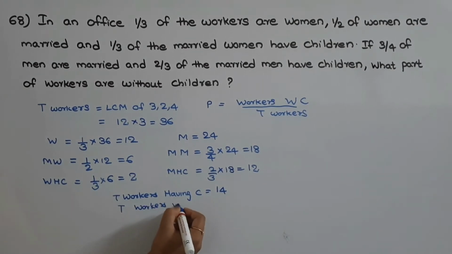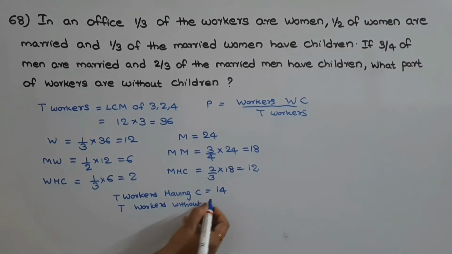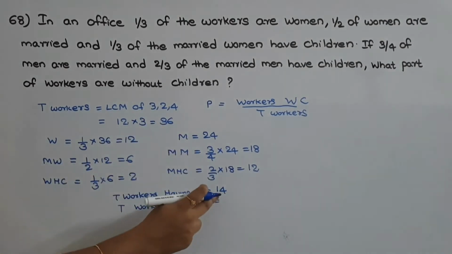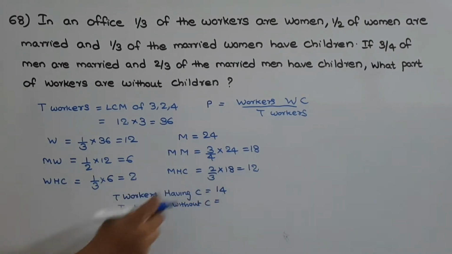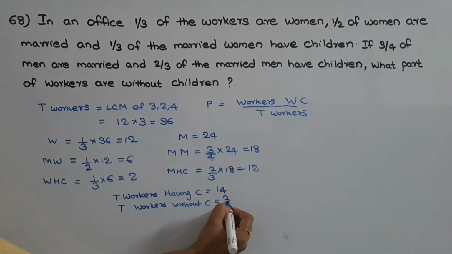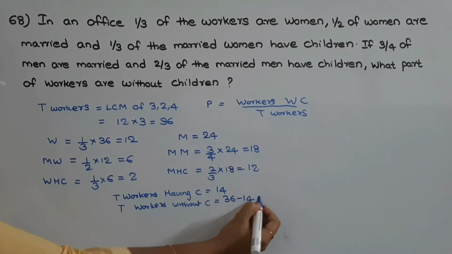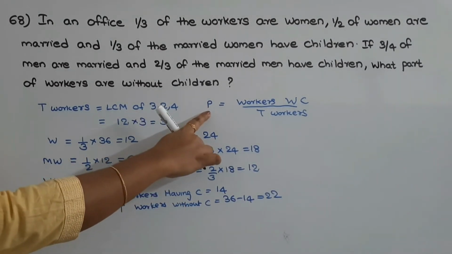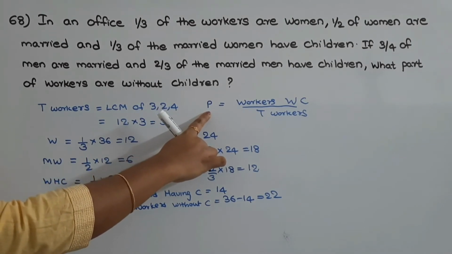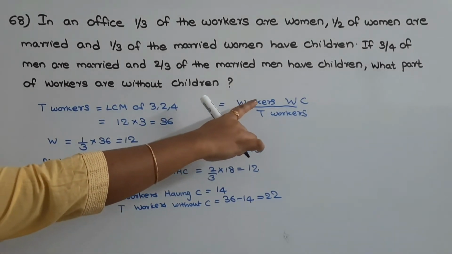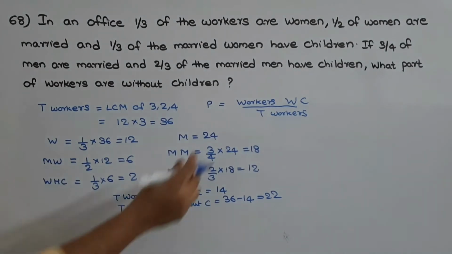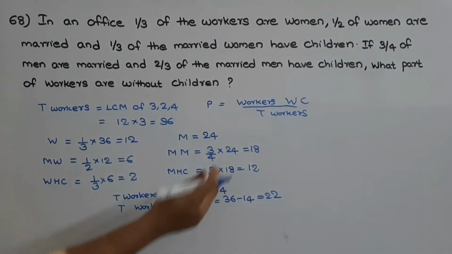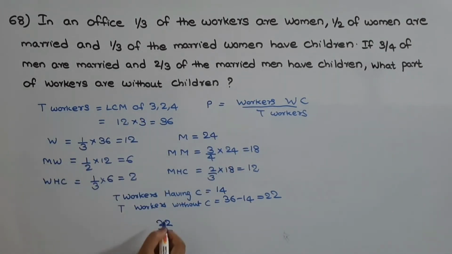Total workers without children will be equal to total workers minus the workers having children, that is 36 minus 14, that is equal to 22. Okay, so the part of workers without children will be equal to workers without children by total workers. Workers without children is 22. Okay, and total workers is 36.